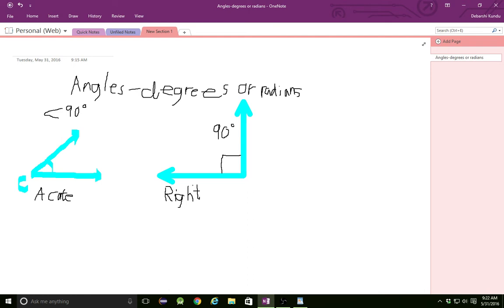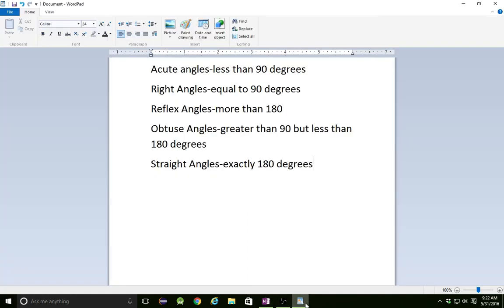Yeah. So before we go into a reflex angle, let's go over what an obtuse and a straight angle is.